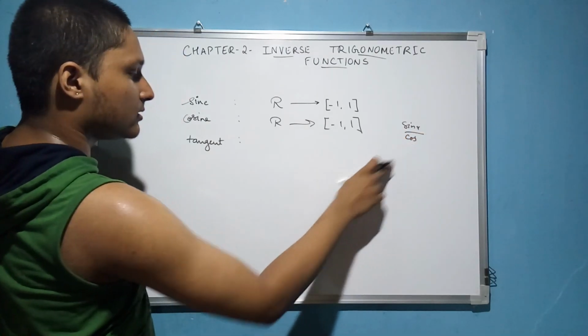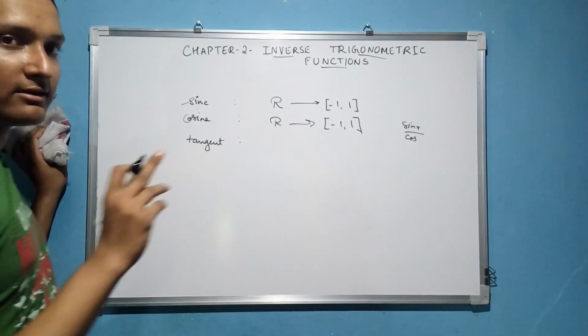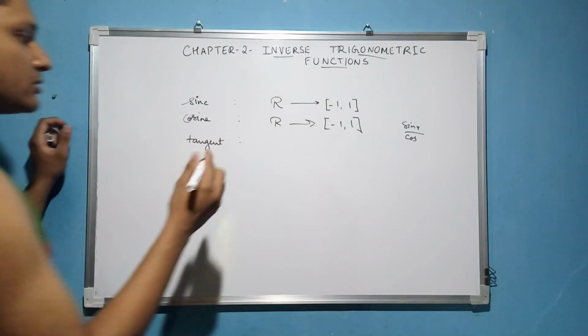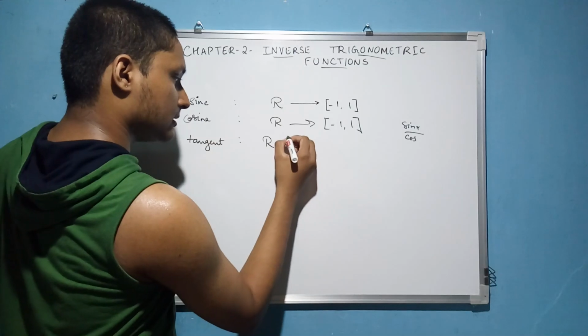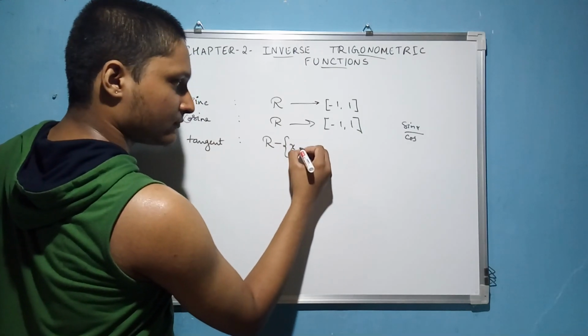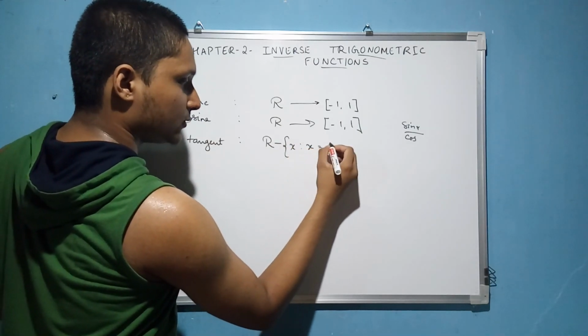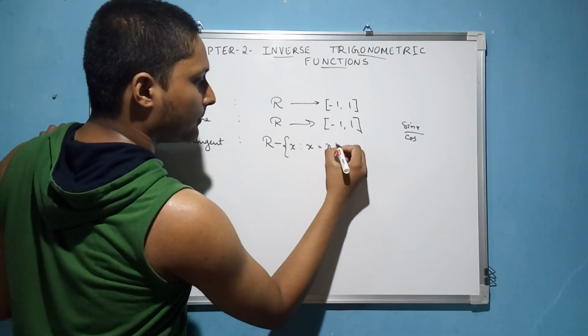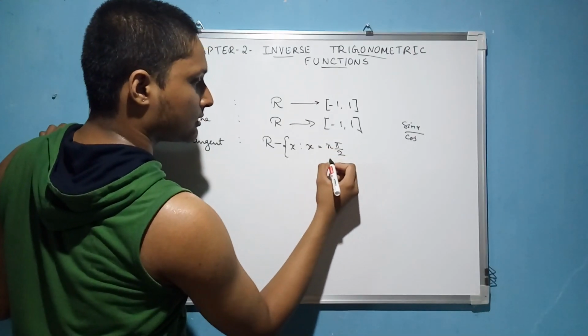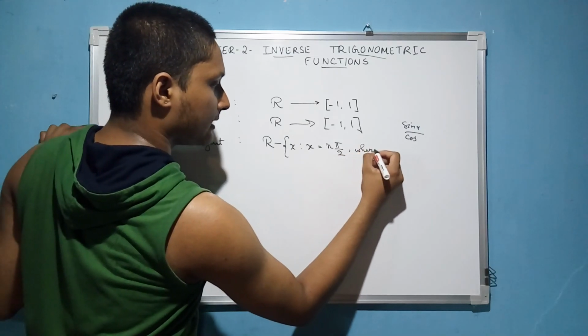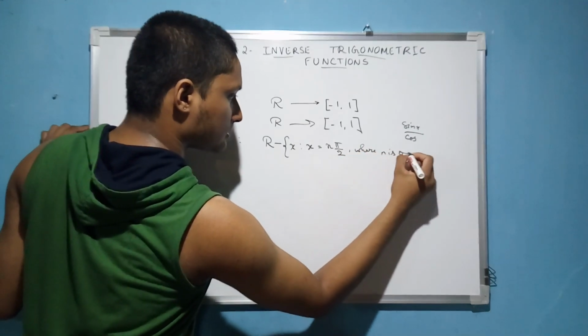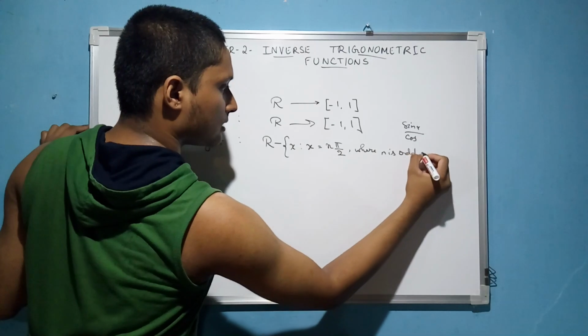So when cos is 0, the tangent function does not exist. So the set comes to be R minus the set of x, where x is equal to n pi by 2, where n is an odd integer.